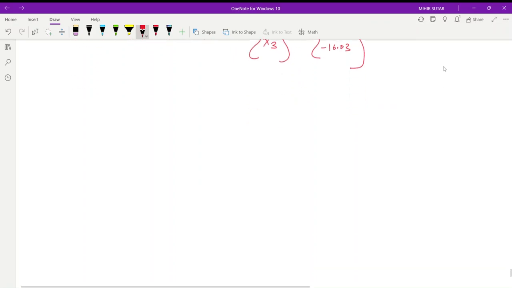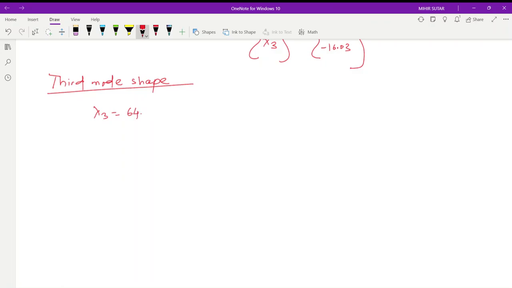Now coming to the third mode. So substituting lambda 3, that is 64.939, in the equation (lambda I minus c) into x is equal to 0.